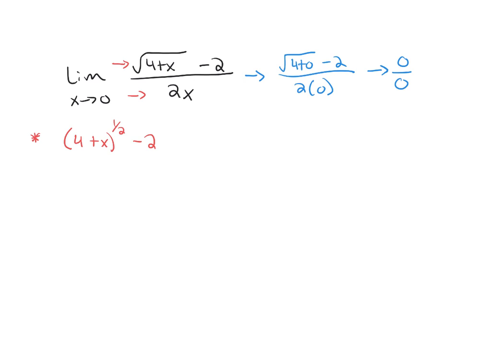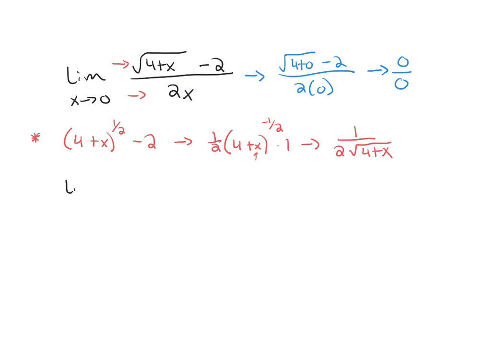So the derivative is 1/2 times 4 plus x to the power of negative 1/2 times the derivative of the inside, which is just 1. I'm going to rewrite that as 1 over 2 square root of 4 plus x.